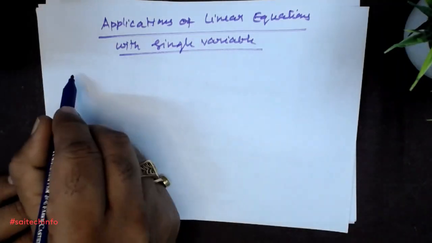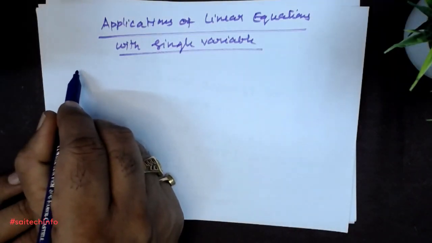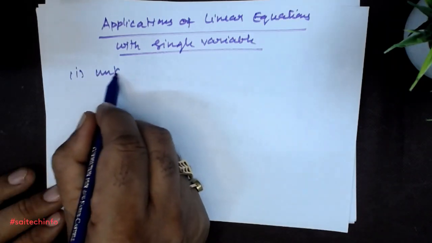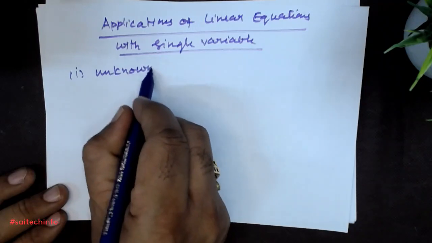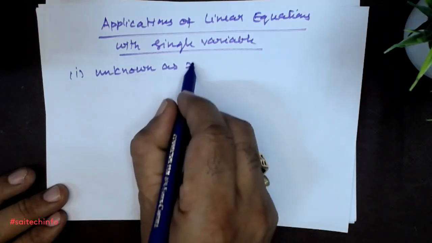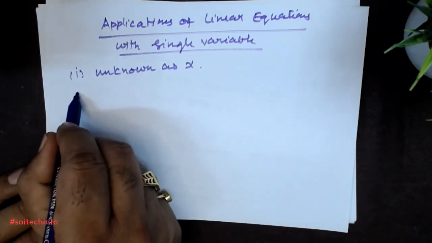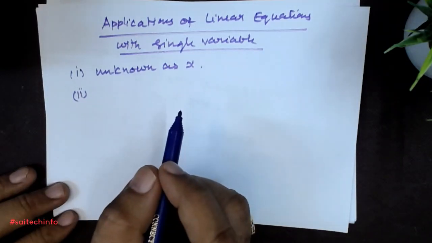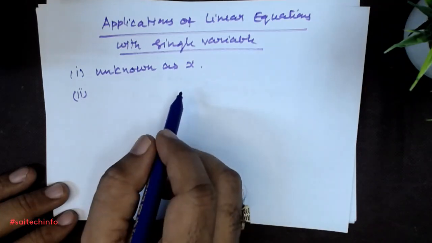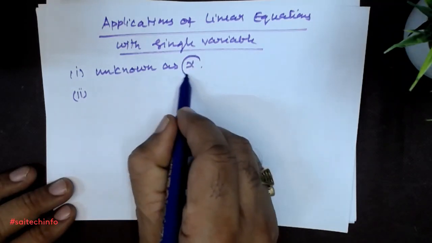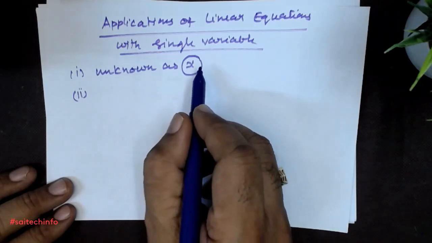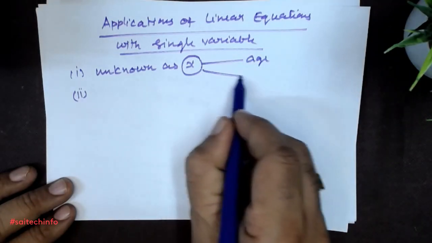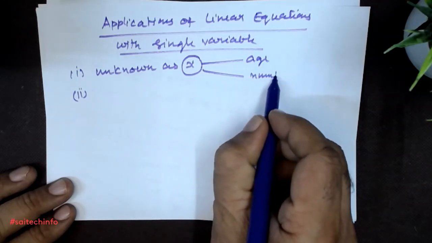Always keep the unknown as x. The unknown should be declared as x. Usually this x can be, for example, they may ask the age or number.